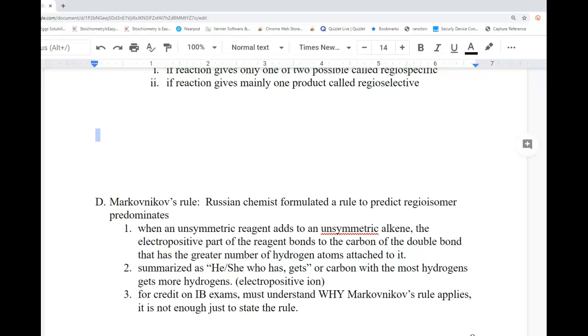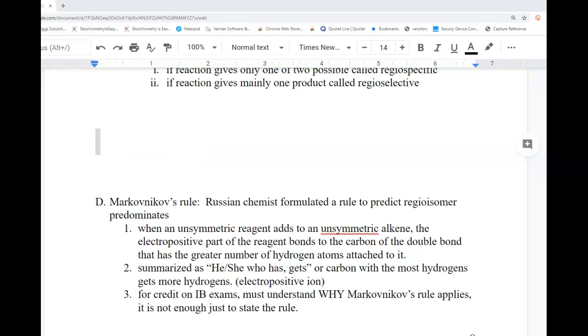We might have CH3 bonded to a CH, which is double bonded to a CH2. And then we might be reacting it with some molecule, and let me just use an actual one. Let's just use water for our example.